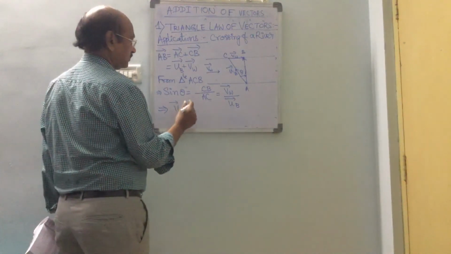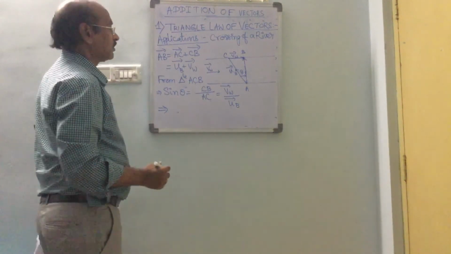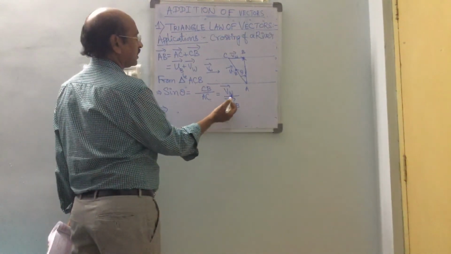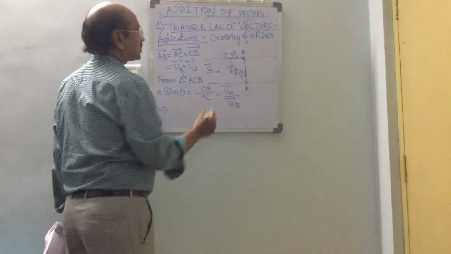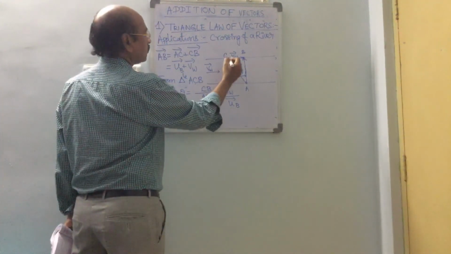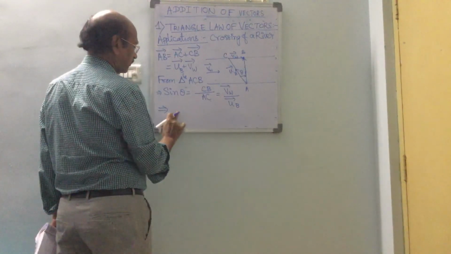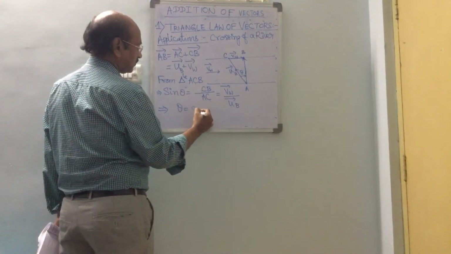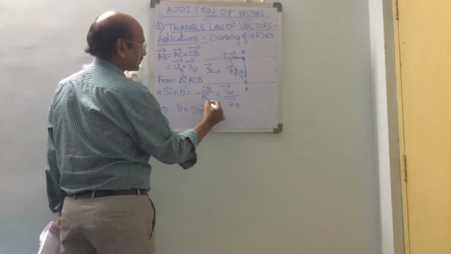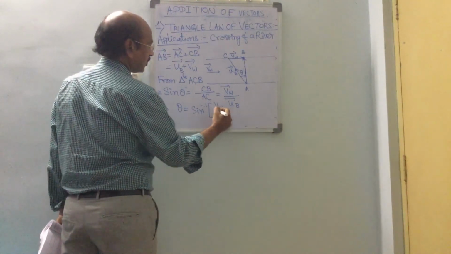If we know the boat velocity and river water velocity, then we can find in which direction the boat should be rowed. That is, the angle theta is equal to sine inverse of river water velocity by boat velocity.